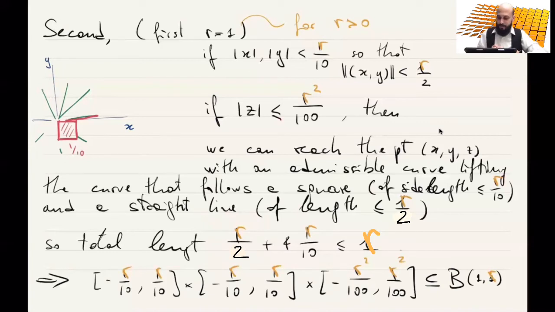Okay. In other words, let's write what's called the Ball Box Theorem.